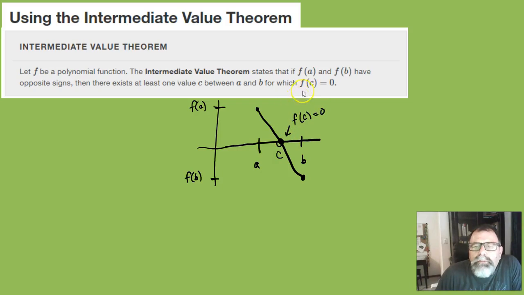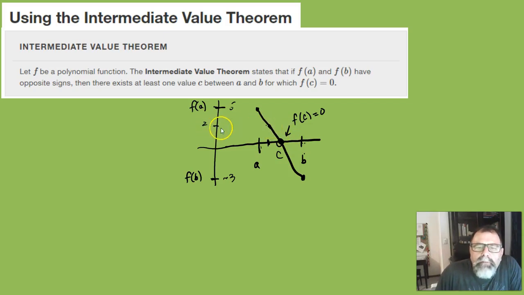So what you can do is use this technique to hone in on it. You plug in a, and let's say you get 5. And then you plug in b, and let's say that gets you -3. So then you're going to pick a number somewhere in between. Say you pick this number here, and you plug it in, and you get 2.